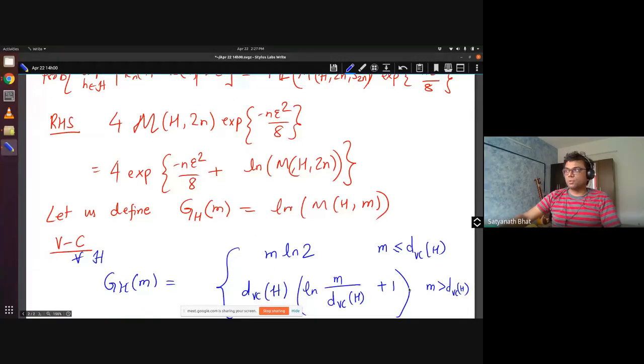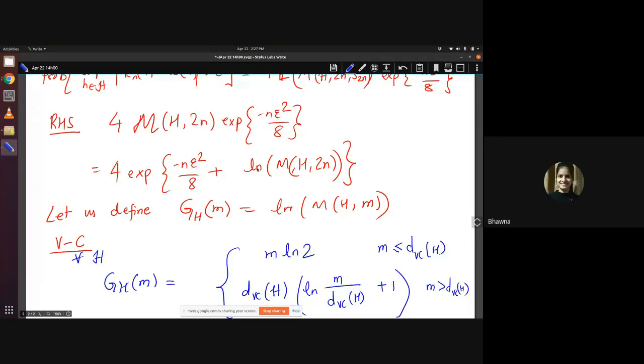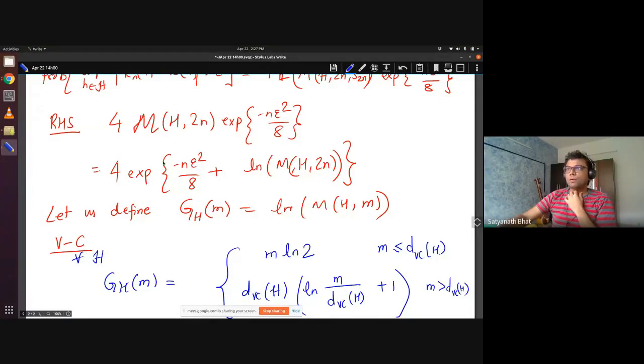Suppose I have given you that the number of data samples is beyond the VC dimension, I will take this as my logarithm of the fancy m. This is what is going to come in here, correct? Yes, sir. So now what do you have? 4 e power minus n epsilon square by 8 plus some constant times ln of 2n, right?